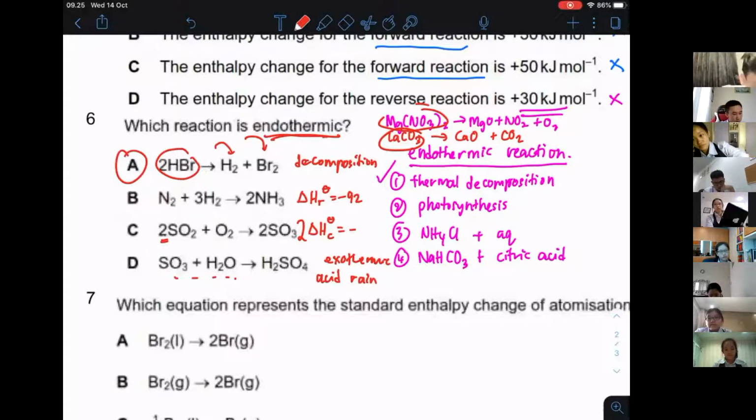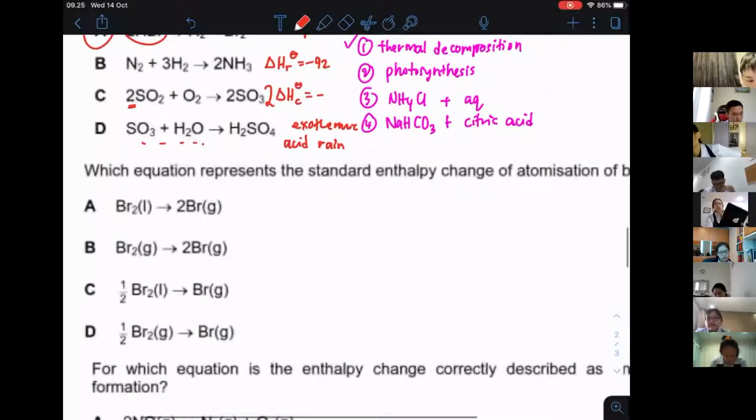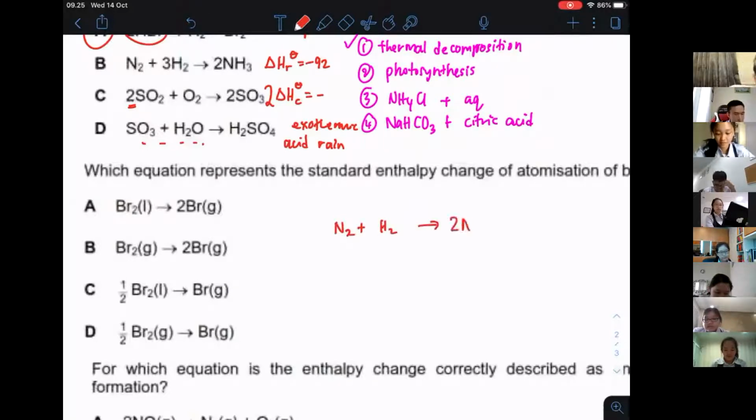Sir, are the energies for bond breaking and bond formation also dependent on the conditions of the surroundings? Actually, let me put it this way. Say I have N2 plus 3 H2 to give you NH3.